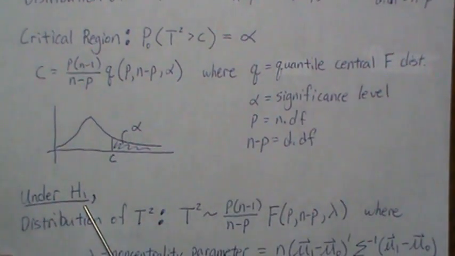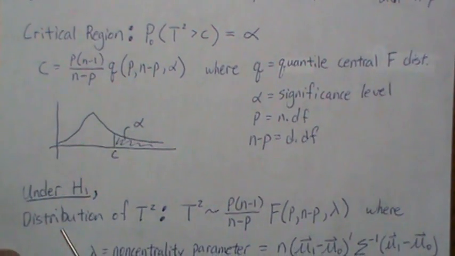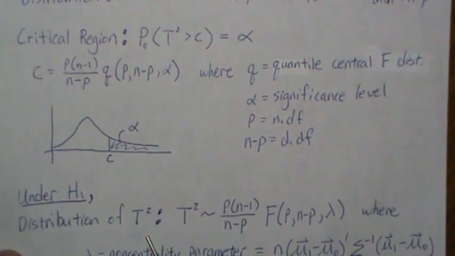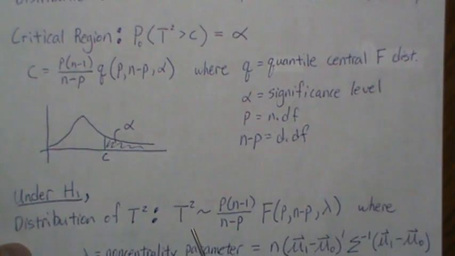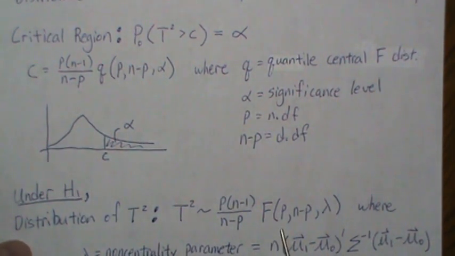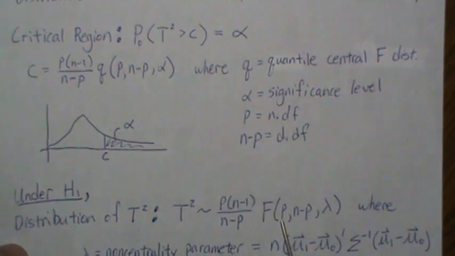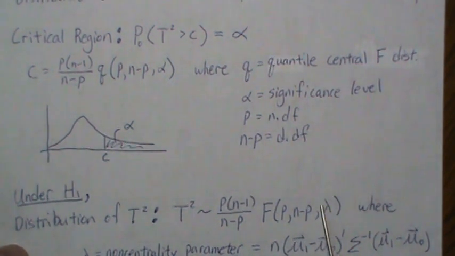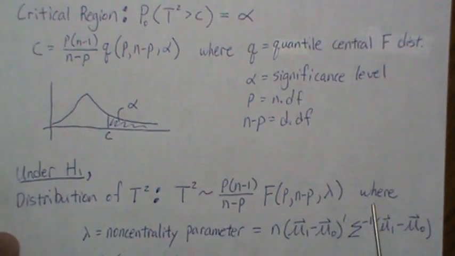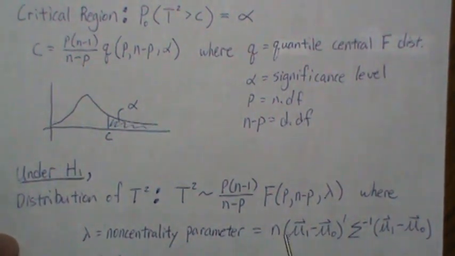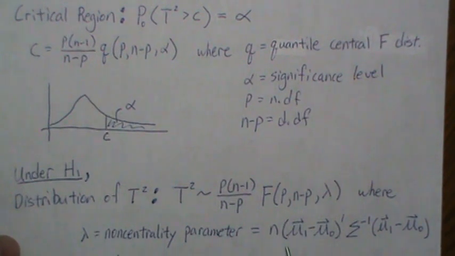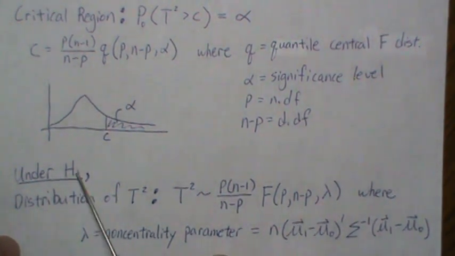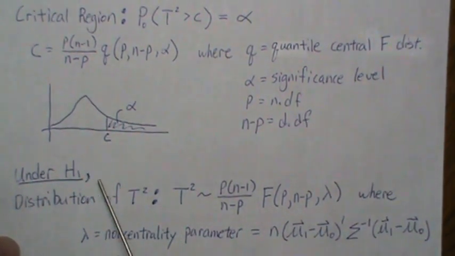So under the alternative hypothesis, the distribution of our test statistic is this. Our Hotelling's T-squared is actually a multiple of a non-central F distribution, right? So p numerator degrees of freedom, n minus p denominator degrees of freedom, and lambda is the non-centrality parameter. And the non-centrality parameter is this. It's n times, and remember, we're under the alternative hypothesis.